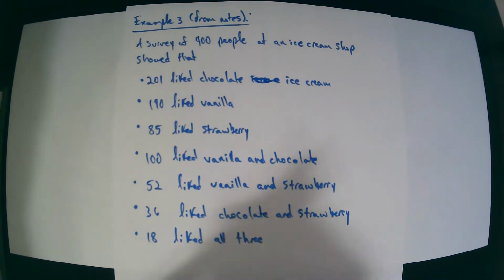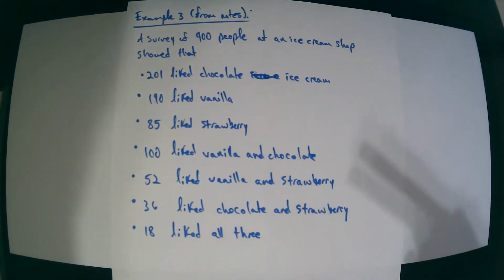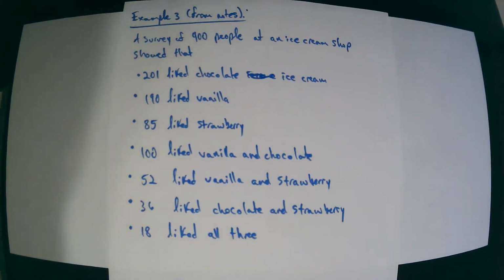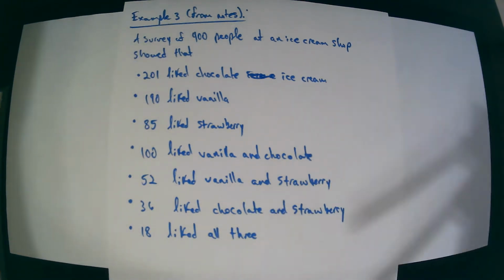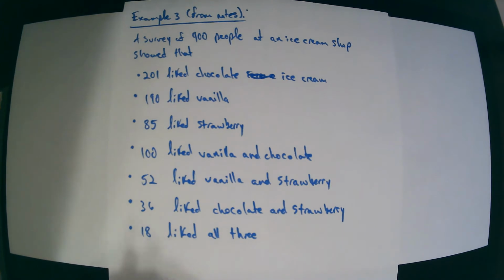Alright, so example 3 from the notes, here it is. We've got a survey of 400 customers at an ice cream shop. So 400 customers were surveyed, and they were asked about 3 different flavors of ice cream. This is much simpler than a real world problem, because in the real world an ice cream shop has dozens of flavors.